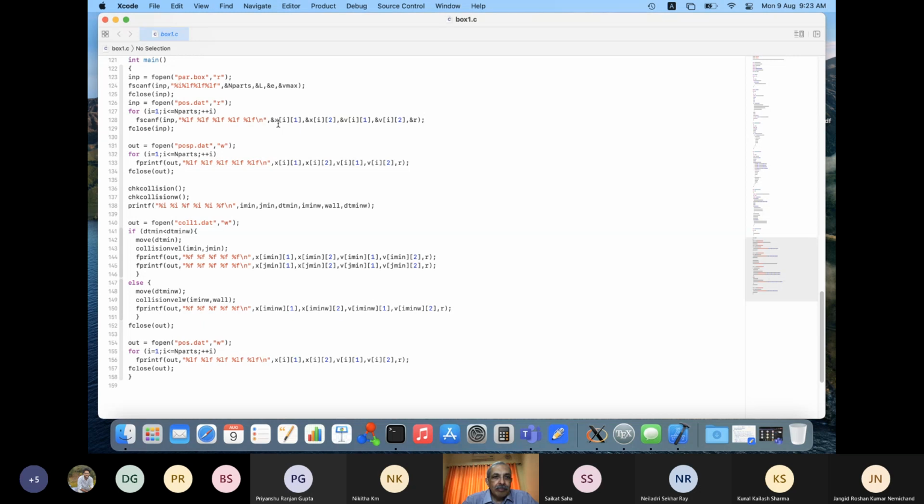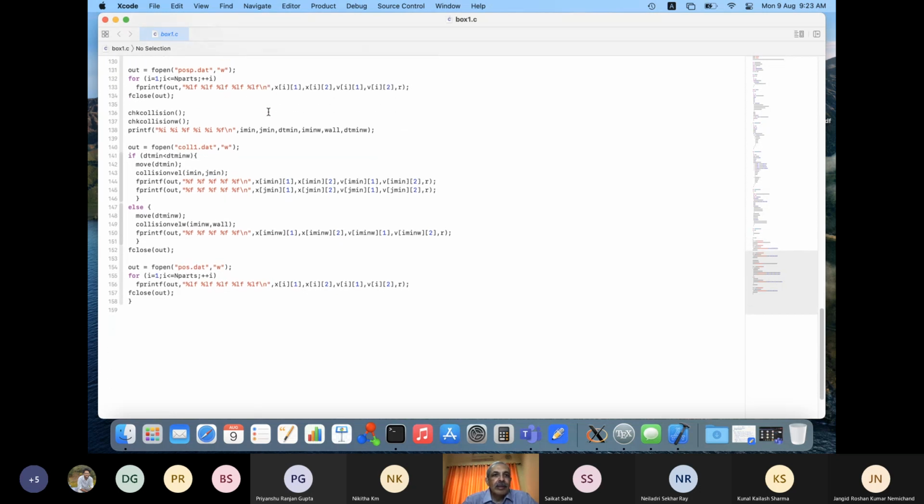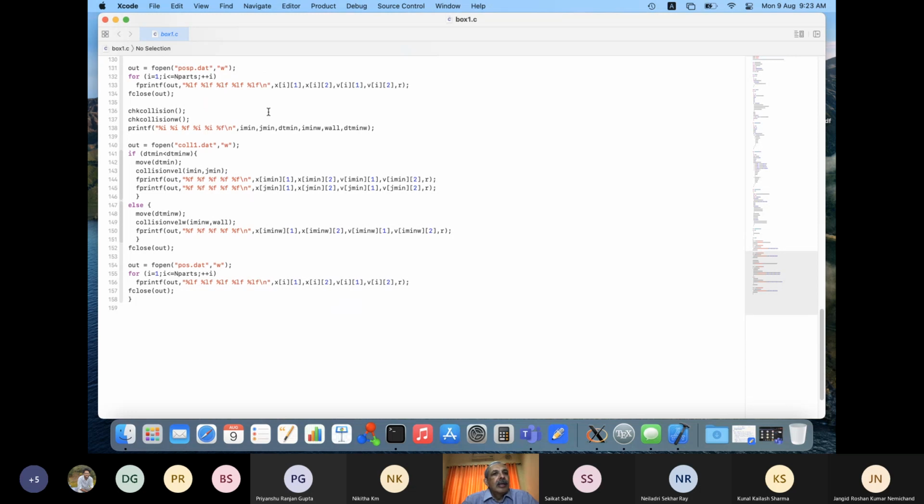Then, once we know the number of particles, it reads the positions and the velocities of every particle and their radius. And of course, it writes those positions down just so that we note what the initial positions were.